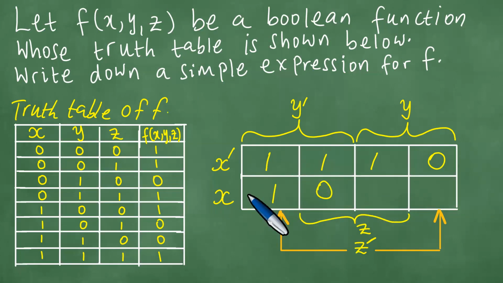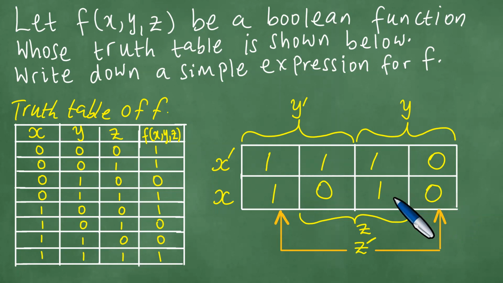Next, we come to this one, which is corresponding to the X, Y, Z row. So it is 1, 1, 1. 1, 1, 1, it's a 1. So you come to this one here, which is corresponding with the X, Y, Z primed. So it's 1, 1, 0. So 1, 1, 0, it's a 0. Now we have this.